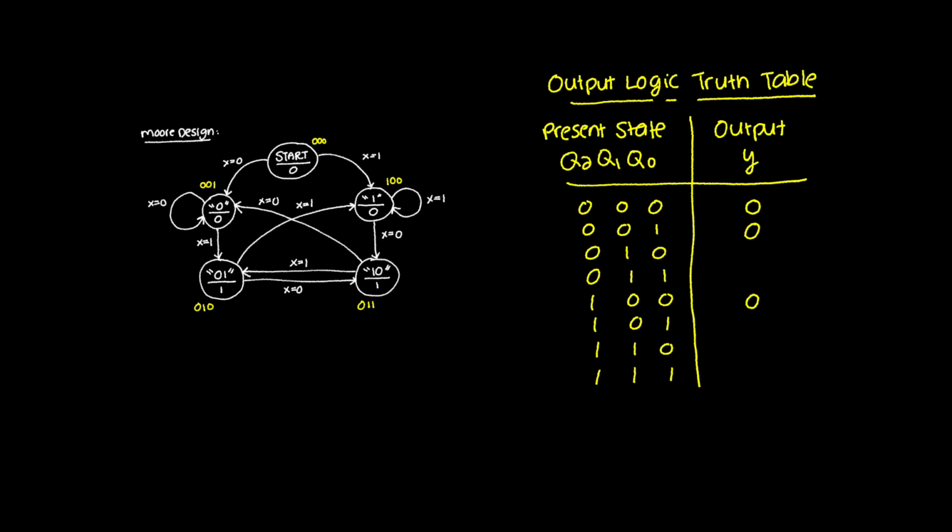Because those are the states where a transition has been detected. And then for my other 3 states, I'm just going to put x's here because I don't care, since these are invalid states anyway. So that's it. Basically, I have completely done my Moore design. And now I want to do it as a Mealy machine and show you the difference.